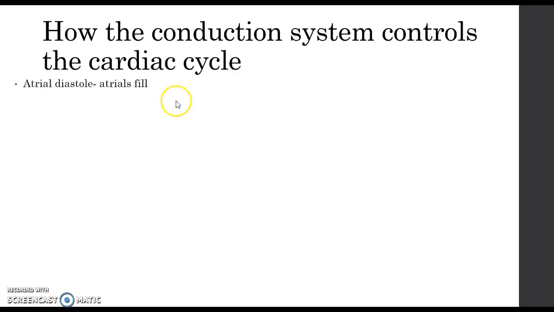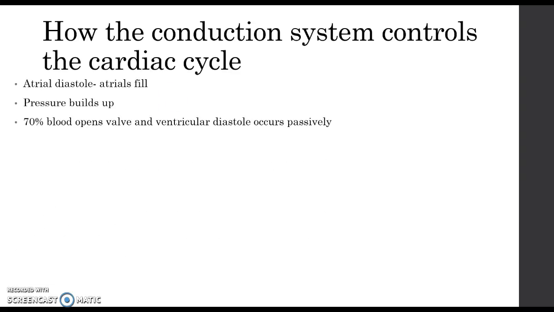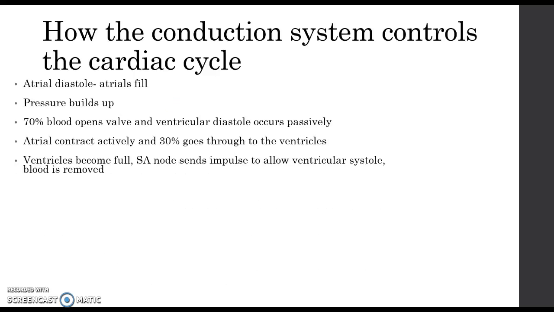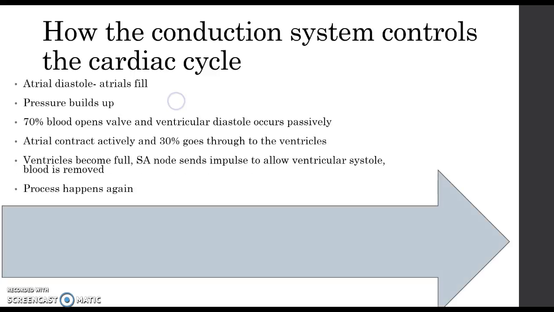This is done by atrial diastole, where the atria fill, and pressure builds up, and when the pressure builds up so much, about 70% of the blood falls through the valve that gets opened due to the pressure on the valve. So the blood falls through, however, it can't all go through, so around 30% is left.